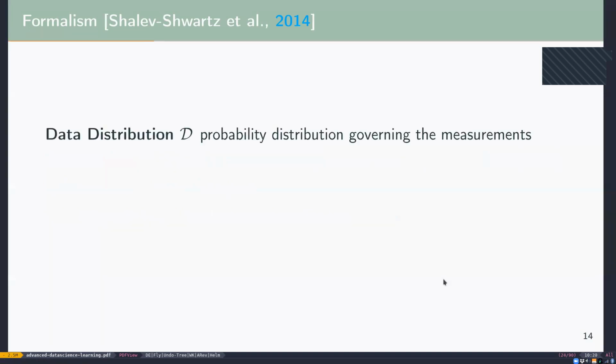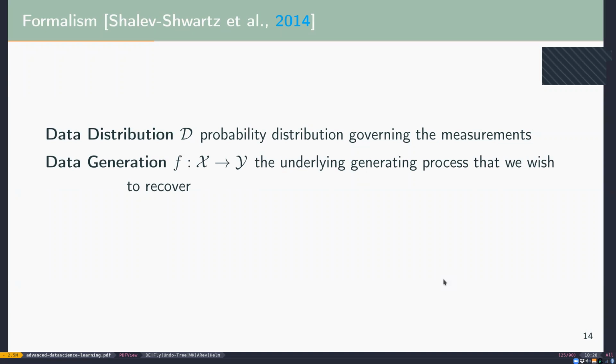Then there is a probability distribution D, which governs these measurements. It sits over the product space X and Y. And then I have some form of data generation process, a mapping F that goes from X to Y. This is the underlying generating process that we're interested in recovering.